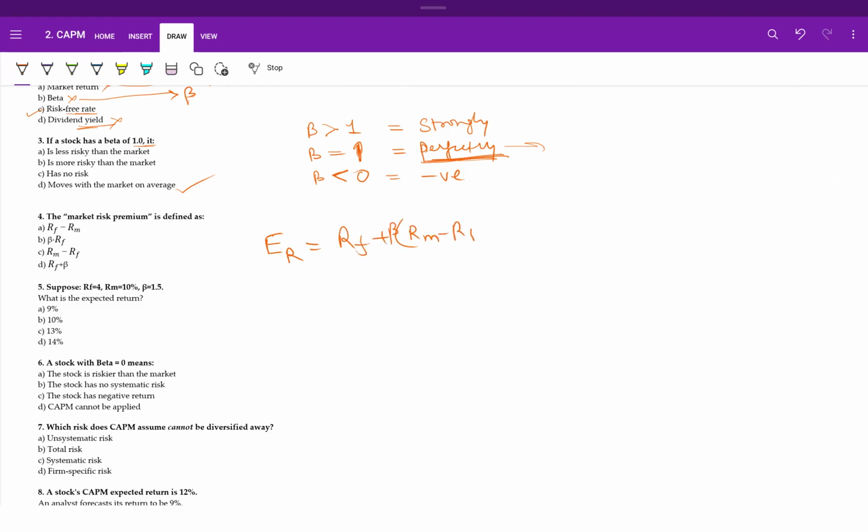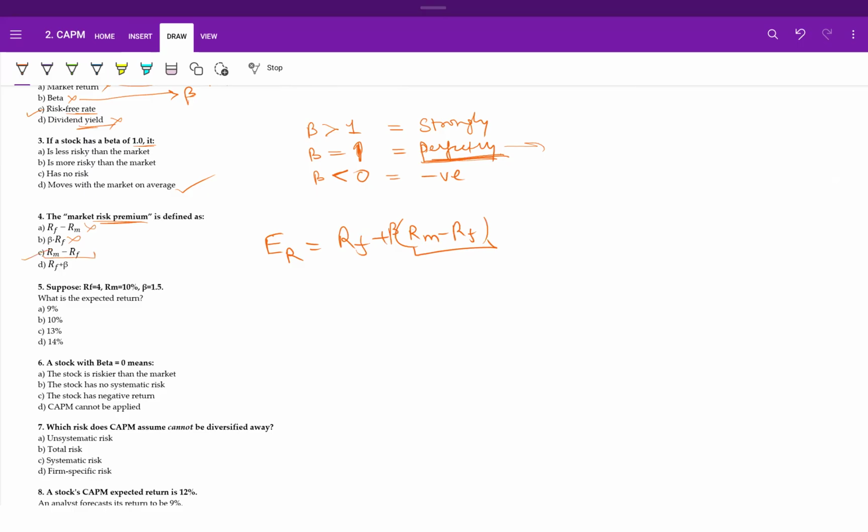This RM minus RF is the market risk premium, how much the market offers above the risk-free rate. Not RF minus RM, not beta into RF, but RM minus RF, which is option C.